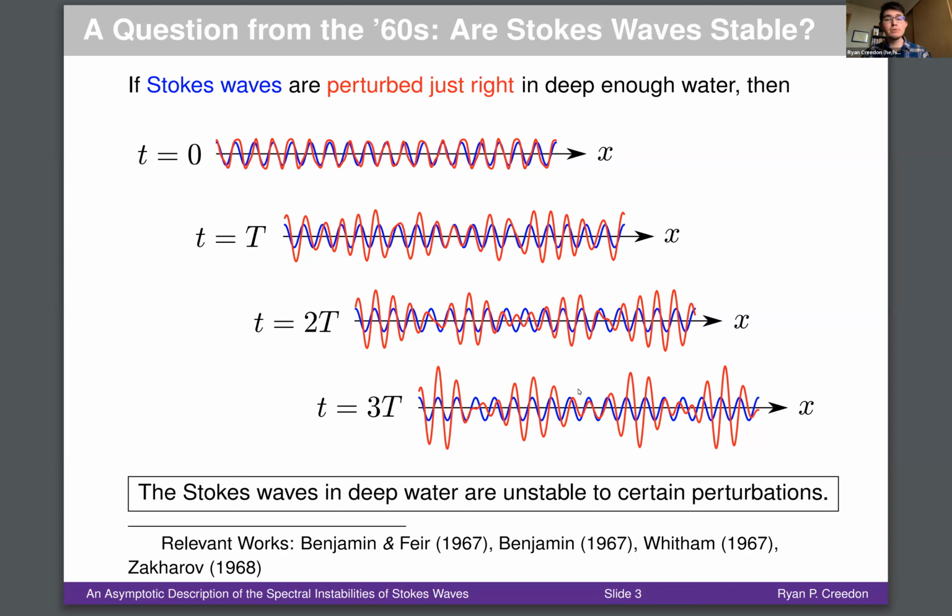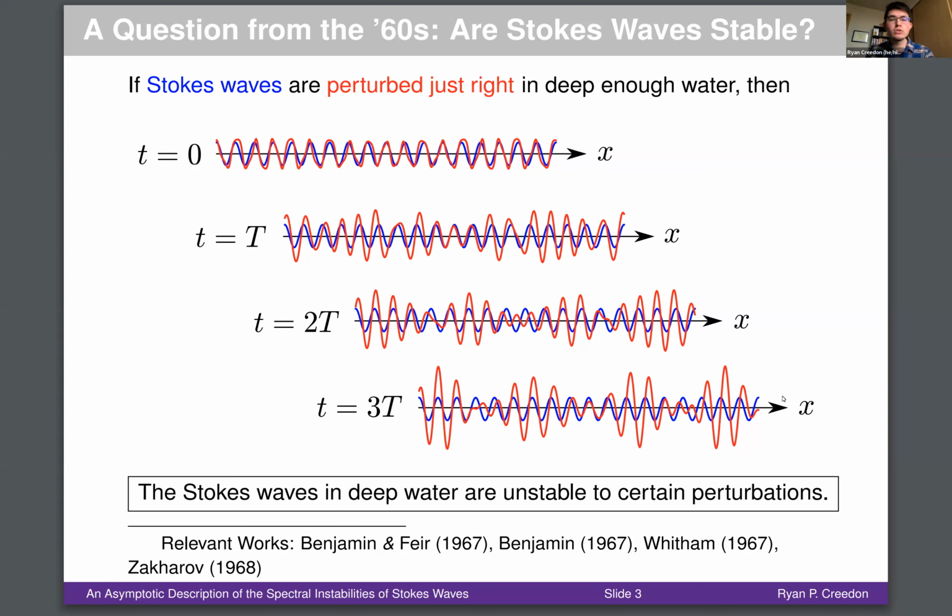In fact, the amplitude of this wave ends up getting modulated, and you get these beat-like structures to your solutions. And so even in the 1960s, people were starting to come around to the idea that Stokes waves aren't stable. They have this modulational instability to them, where the envelope of our wave packet starts to modulate.